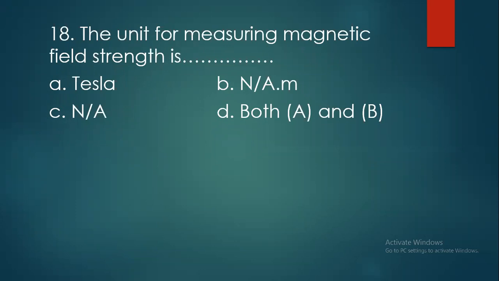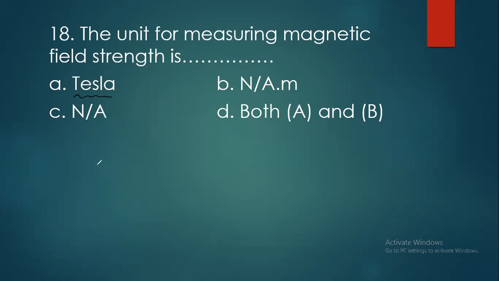Now, the unit for measuring magnetic field strength is, okay? Magnetic field strength is how strong a magnet or a charged particle can affect with a magnetic force on the surroundings, right? So the standard international unit for magnetic field strength is Tesla. However, there are other alternative units.